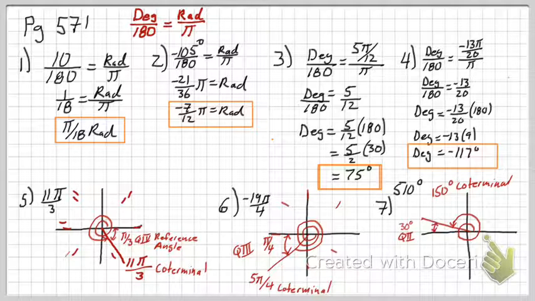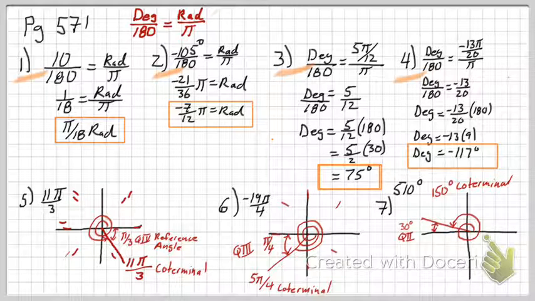All right, for problems number 1, 2, 3, and 4. These were just conversions. And you use this guy right here over and over again. It goes from degrees to radians. It goes from radians to degrees.